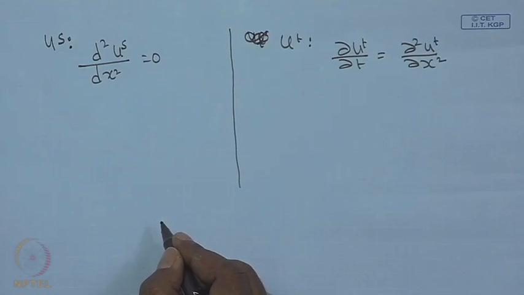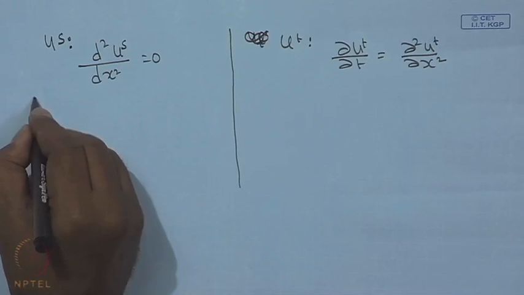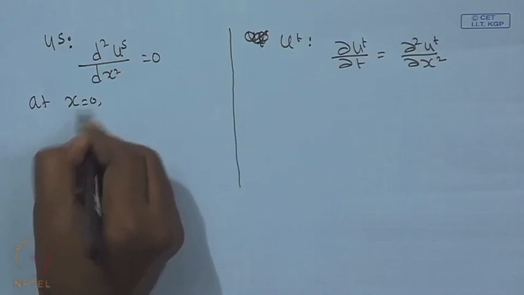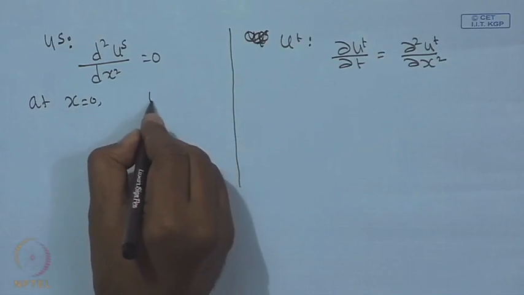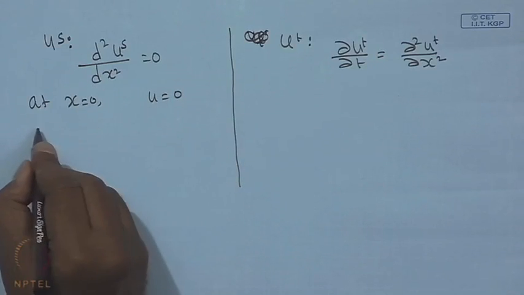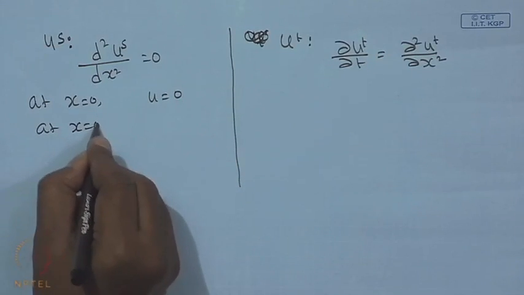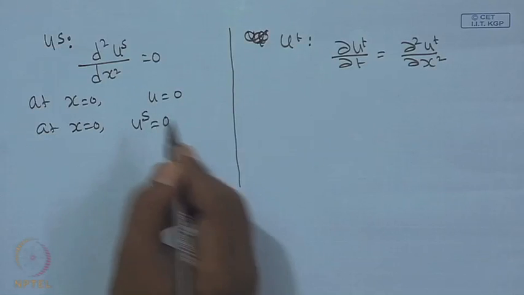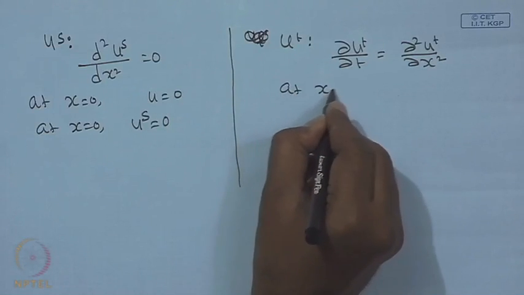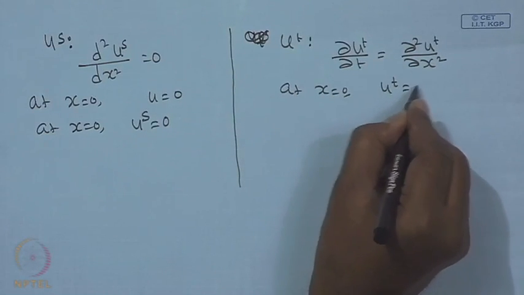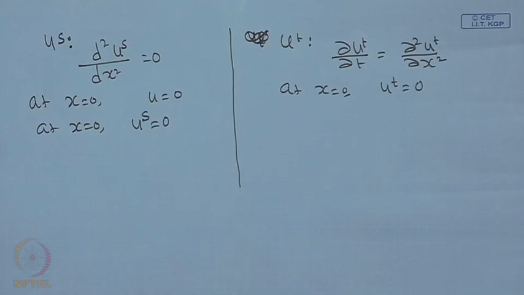Now, we set the boundary conditions of u s and u t. So, at x is equal to 0, the boundary condition of the mother problem was u is equal to 0. Therefore, at x equal to 0, u s equal to 0 and u t is equal to 0, both are equal to 0.